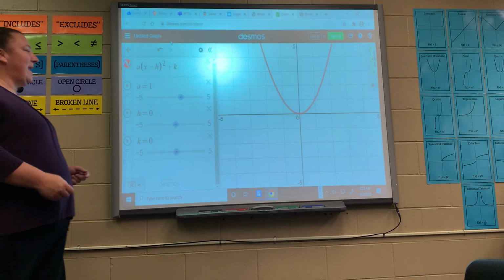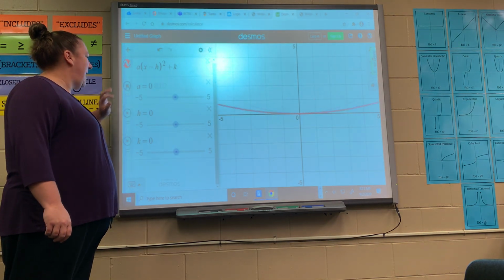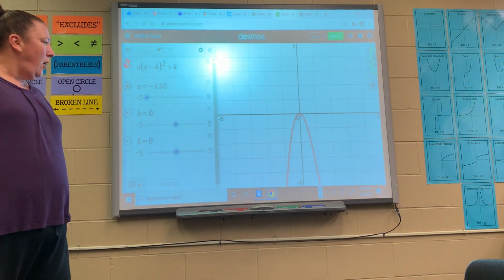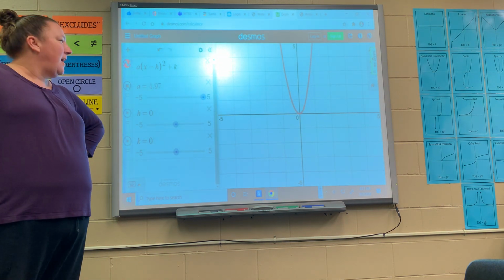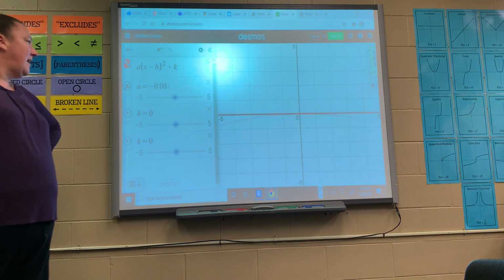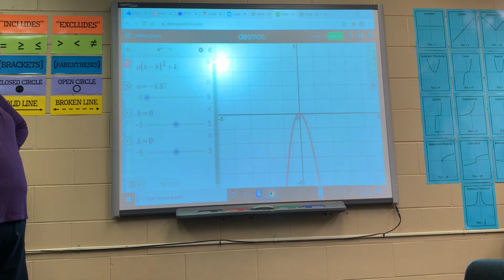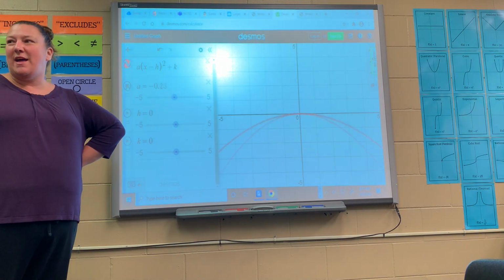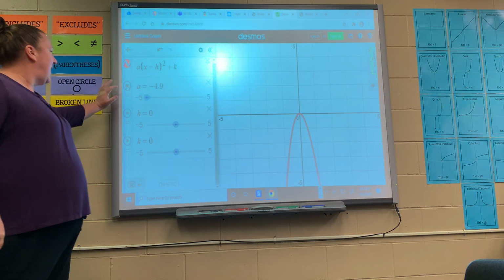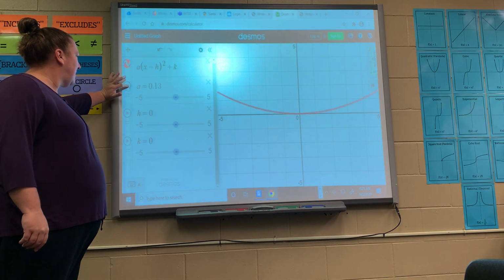So now, let's look at what happens to A. Oh, that's interesting. When A is negative, it flips over the x-axis again. And as A gets bigger, it stretches taller. This is the exact same strategy. That's really interesting.